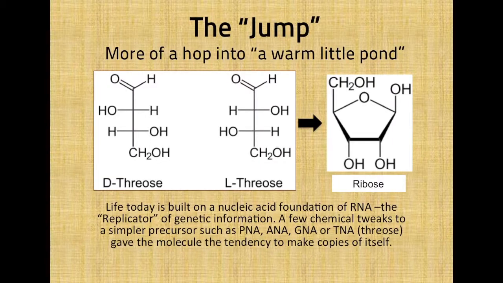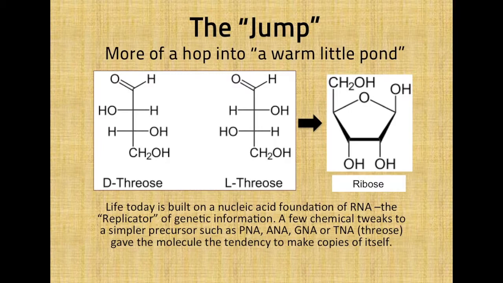The replicator of genetic information is RNA. A few chemical tweaks to simpler precursors, simpler nucleic acids, probably gave a ribose or a pre-ribose the capacity to replicate itself.